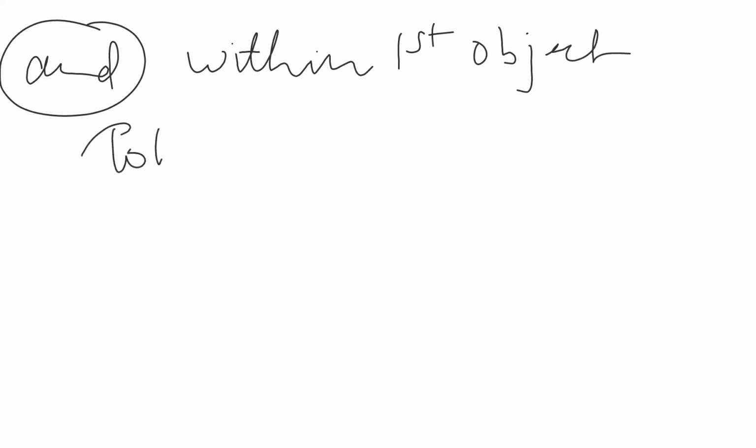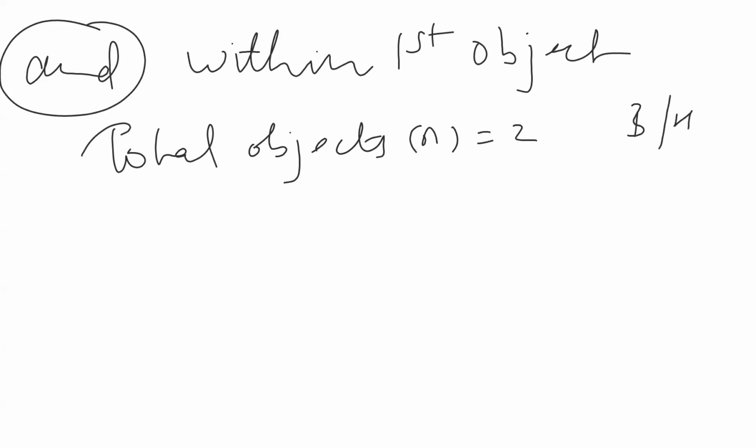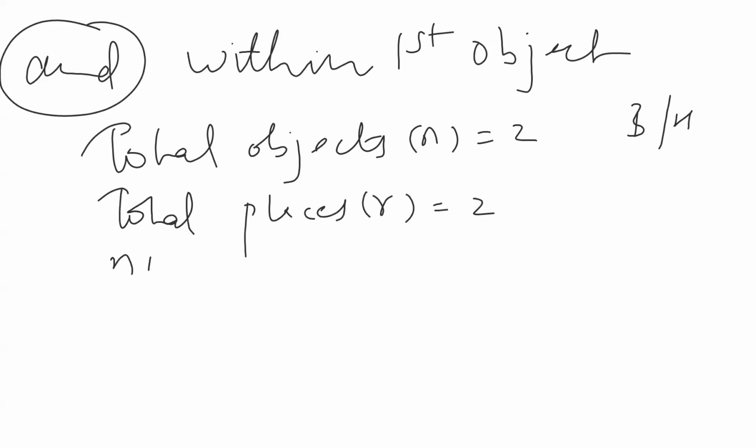Total objects n is equal to 2, B and H. Total places r is equal to 2, nPr, 2P2, which is 2 factorial.